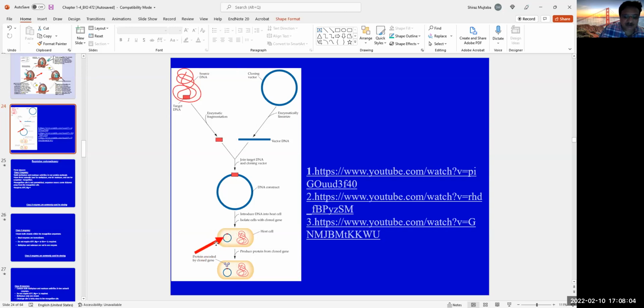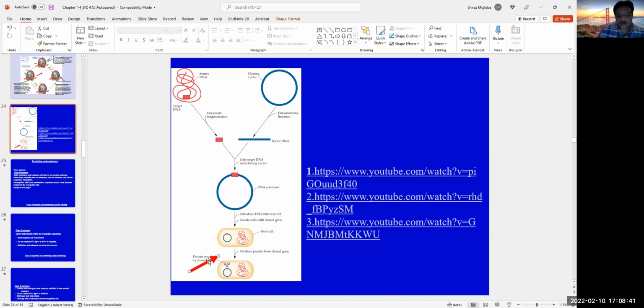It has all the elements to express this insulin gene into insulin protein, because this plasmid will utilize the same system of transcription and translation that the main chromosome uses. Then insulin, or any protein coded by this insert from a human gene, will be expressed, and this can be purified and extracted from the bacterial cell to make a quantity of insulin.